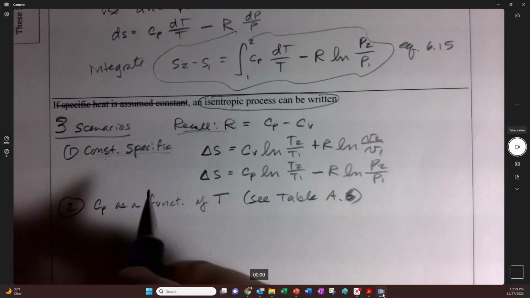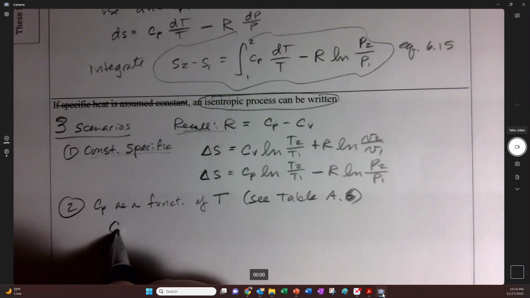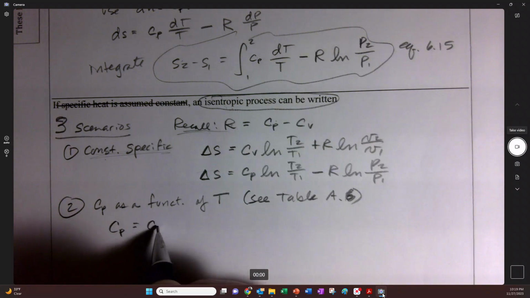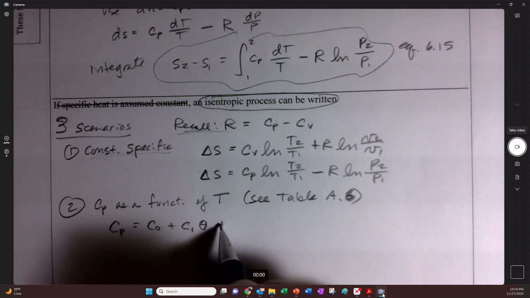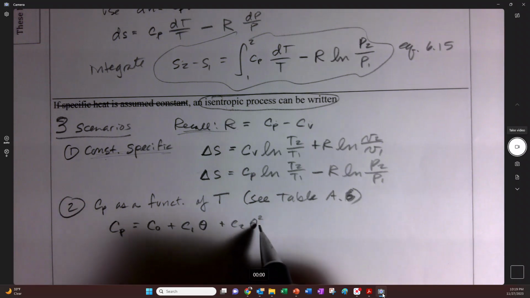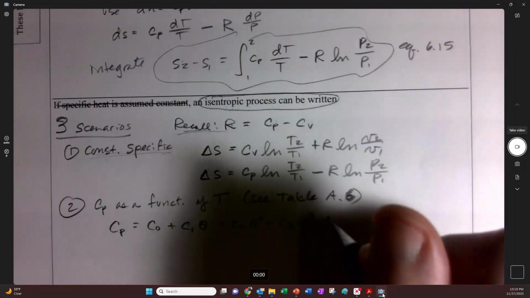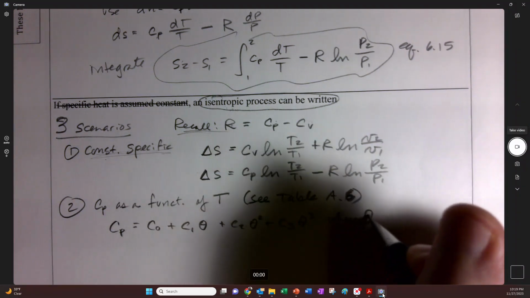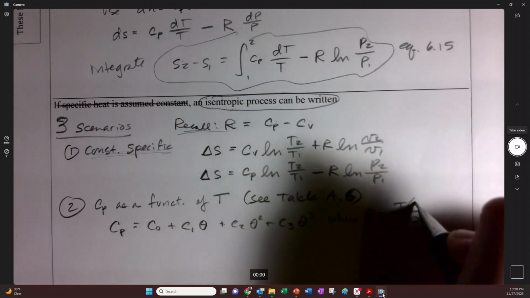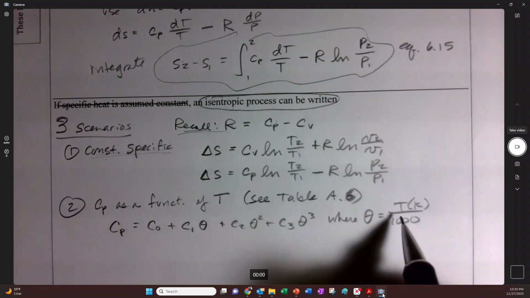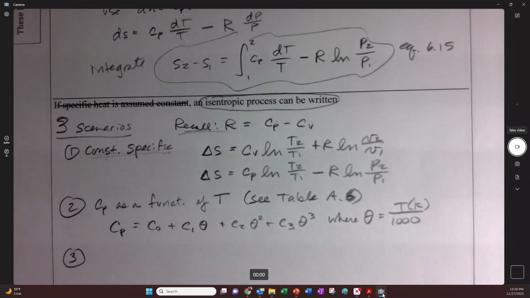So I'll write this out here, that Cp is equal to C0 plus C1 theta plus C2 theta squared plus C3 theta cubed, where theta is equal to the temperature divided by 1,000, and that's in Kelvin right there, right? And then lastly, here's one that might be new to us.